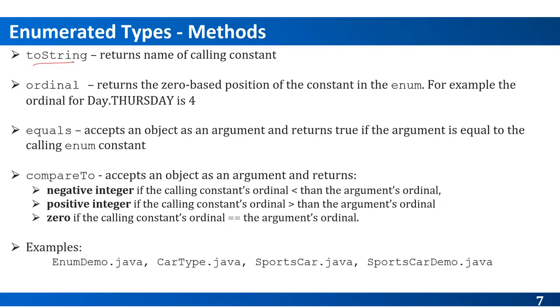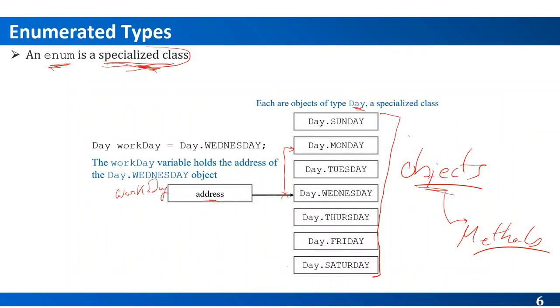It has toString, which is going to print the contents. It has ordinal, which is going to tell you the order of that object in the list that you enumerated. So for example, here, this is 0, this is 1, 2, 3, 4, 5, 6. So 7 days.